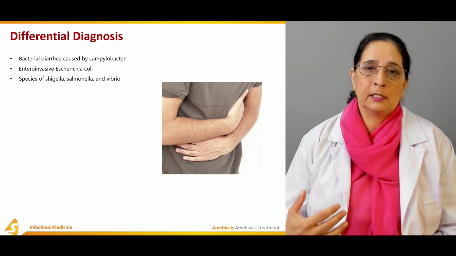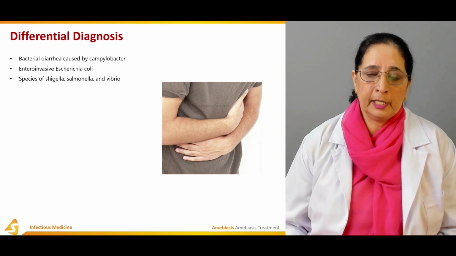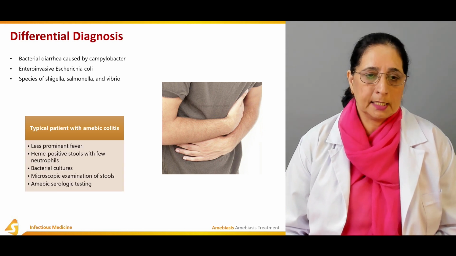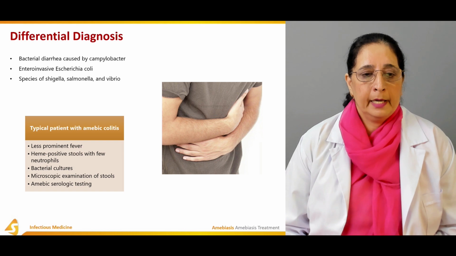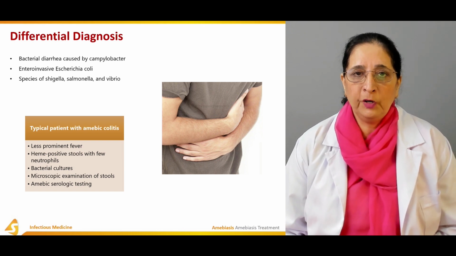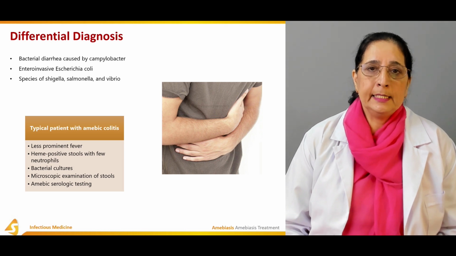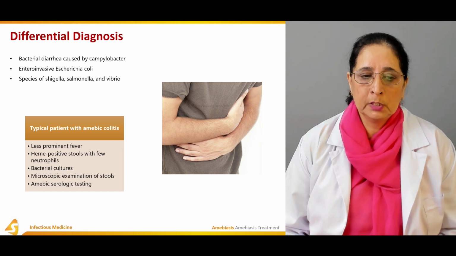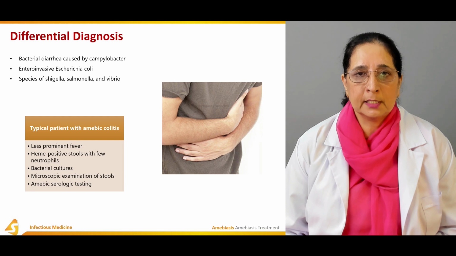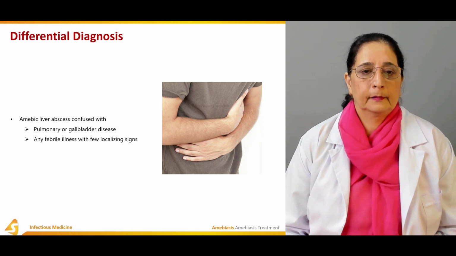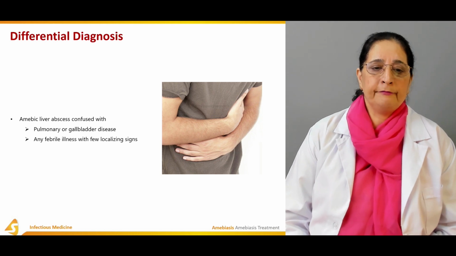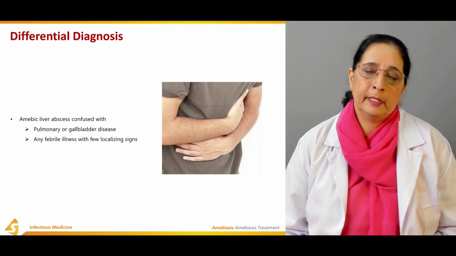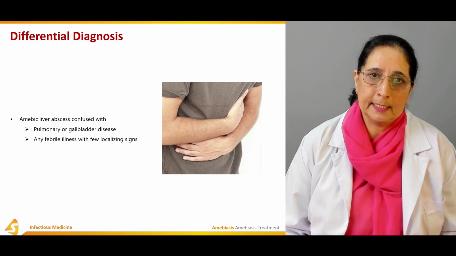A typical patient with amebic colitis has less prominent fever and heme-positive stool with few neutrophils; bacterial cultures, microscopic examination of stools, and amebic serologic testing help. Amebic liver abscess can be confused with pulmonary or gallbladder disease, or any febrile illness with few localizing signs.